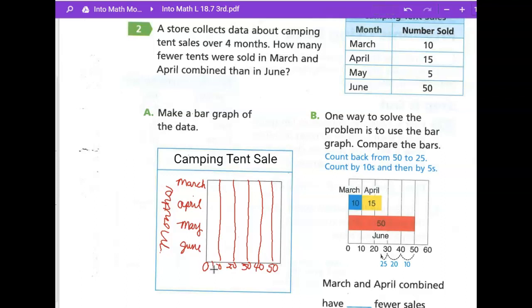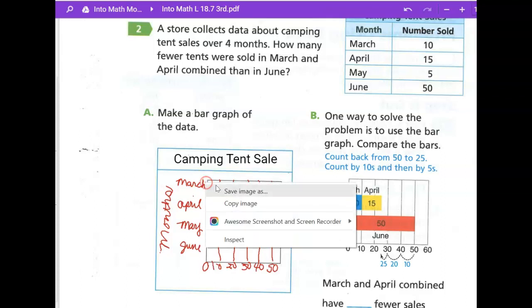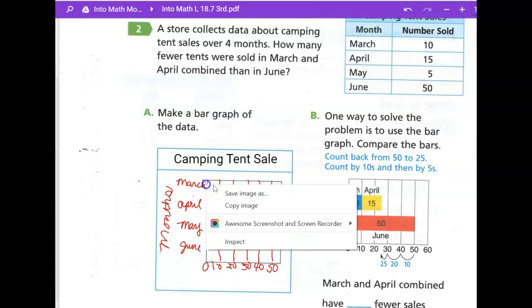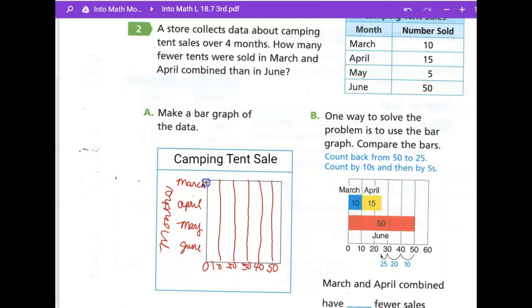So if we're going to put March on, how many lines does our bar have to go? If there's 10 sold in March, our bar would be pretty short and it would just go to the 10 mark. Okay?